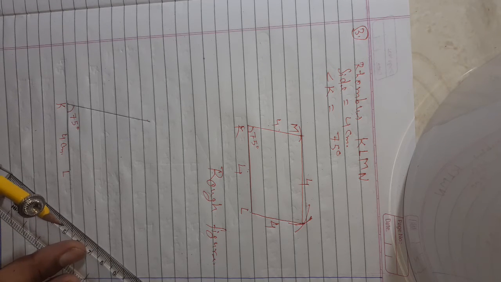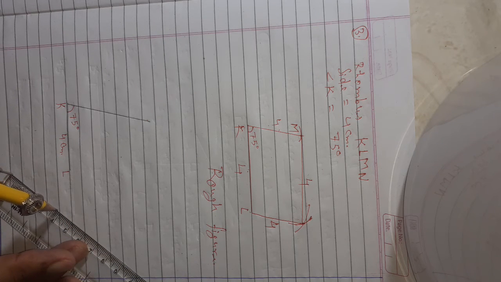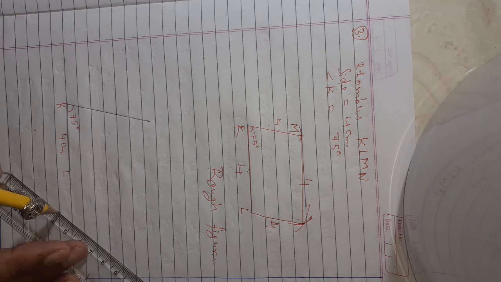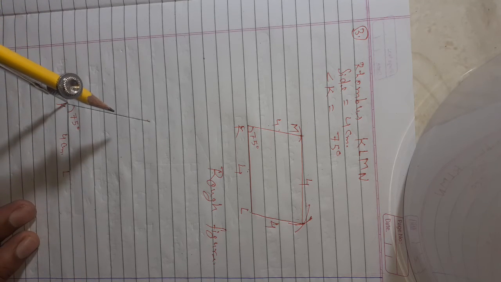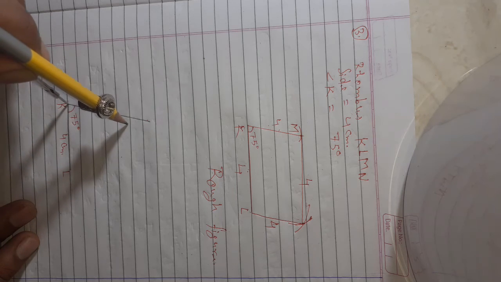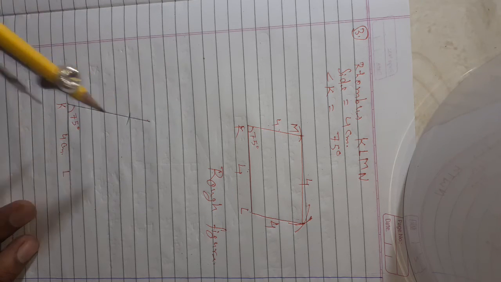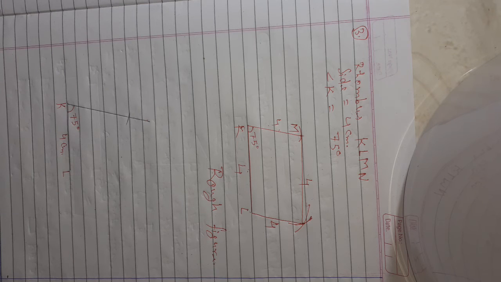This is a rhombus. So cut 4 centimeter. Clear? So this will be 4 centimeter.